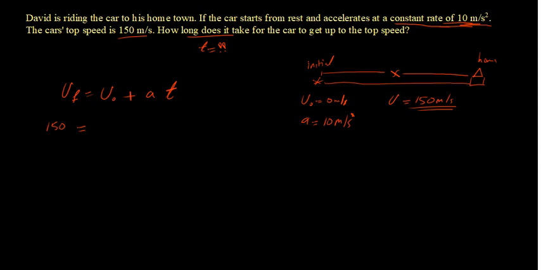That's our aim. The initial speed was 0. The acceleration is already given, 10 meters per second squared. The time is the only thing we don't know. Just by rearranging the formula, it's 150 divided by 10. That will give me 15 seconds needed for him to reach this top speed.